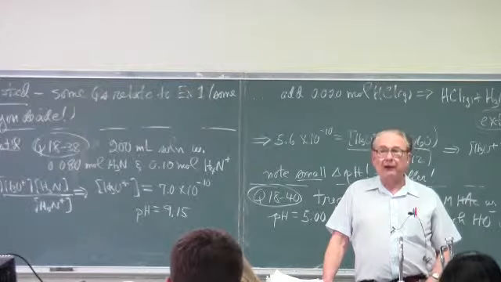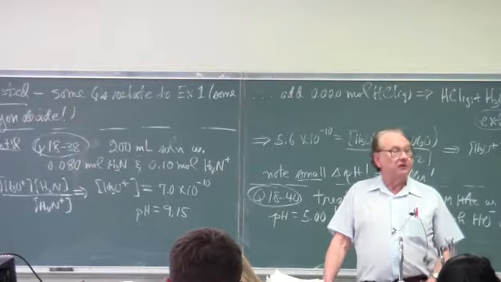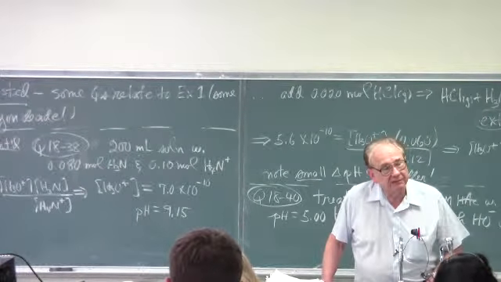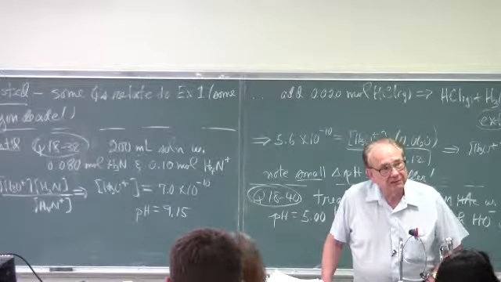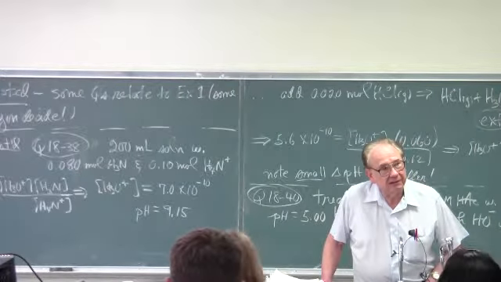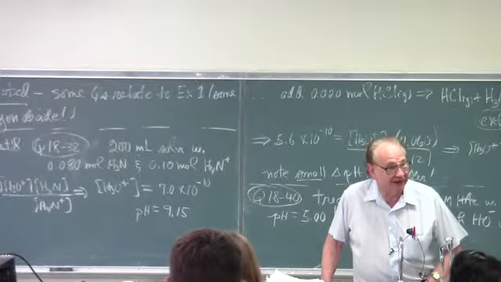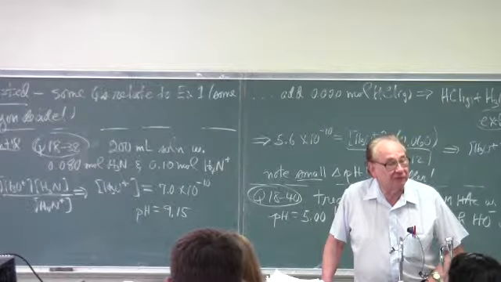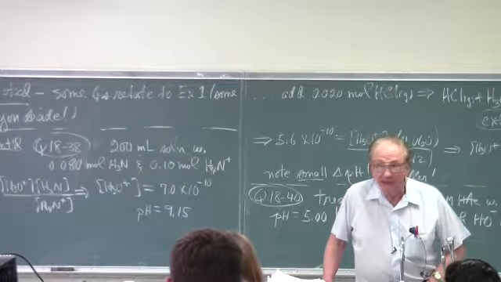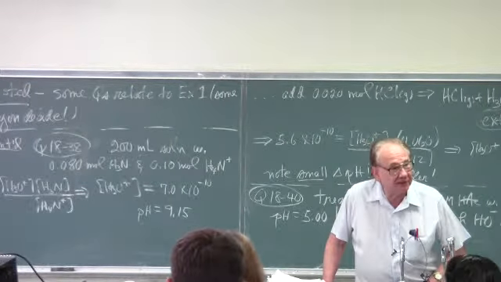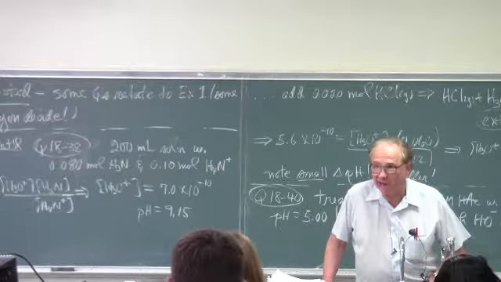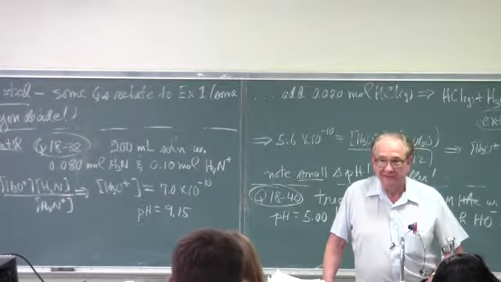And so, I will now have a solution which in essence is what? Hydrochloric acid solution, a solution of hydronium ion as the main pH controlling species, right? In this solution, would I care about the presence of ammonium ion? Not one damn bit.